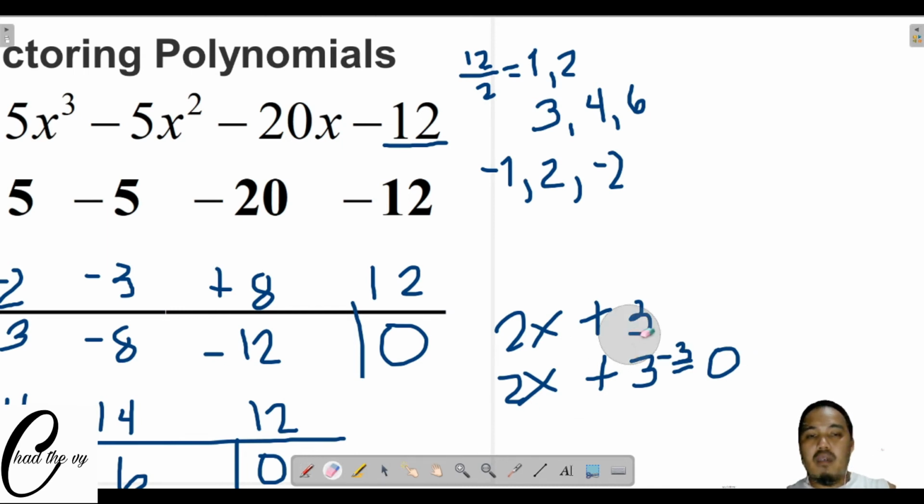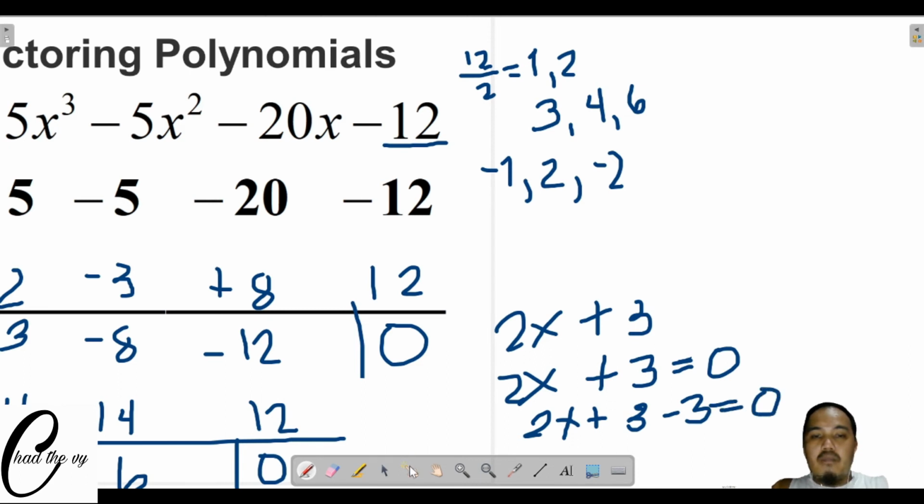Isulat na lang natin na maayos. Okay, so 2x plus 3 minus 3 equals to 0.